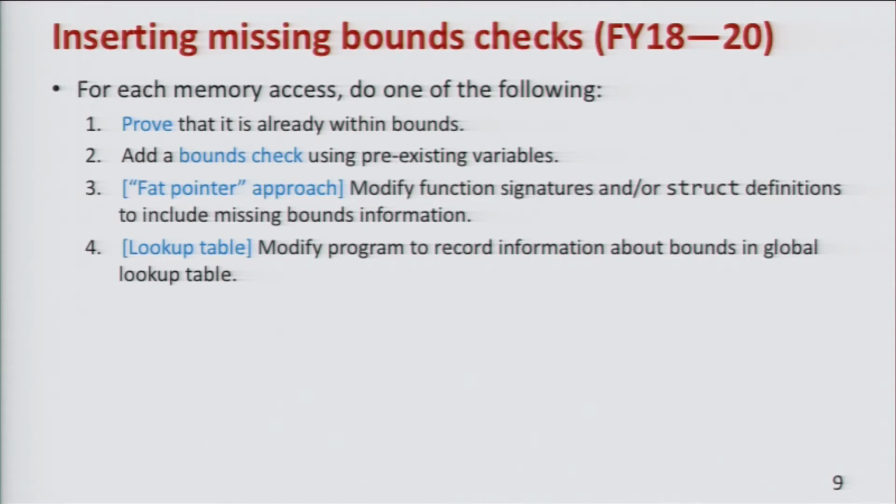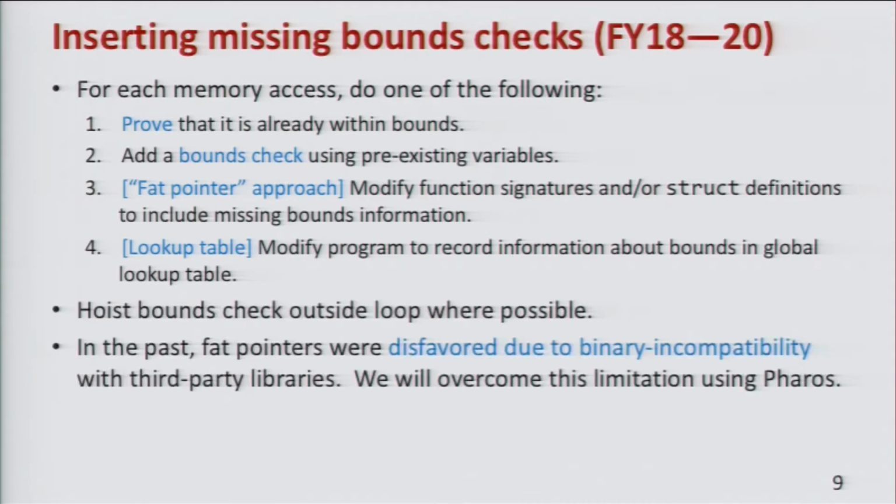And if that doesn't work, our last resort is to use a global lookup table to store the array bounds information, which is much slower than the other approaches, but it works in basically all cases. And of course, we hoist the bounds check outside of a loop where possible to increase performance.